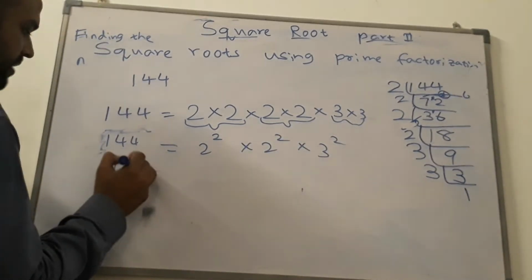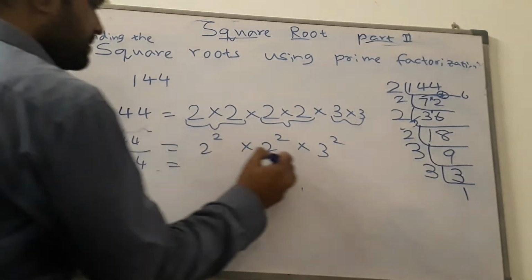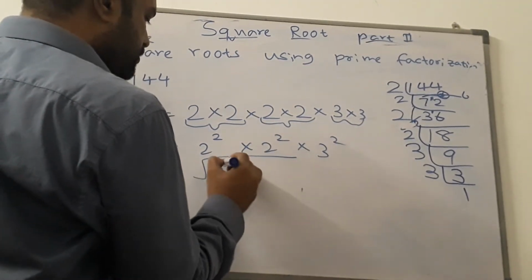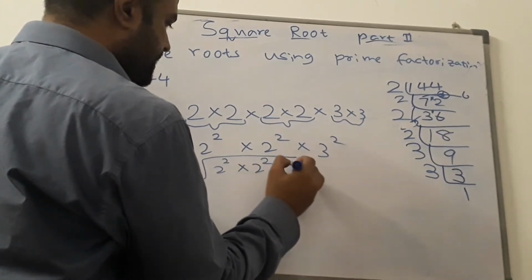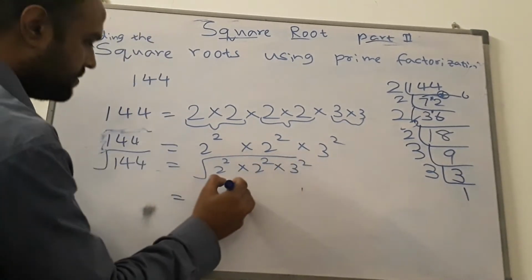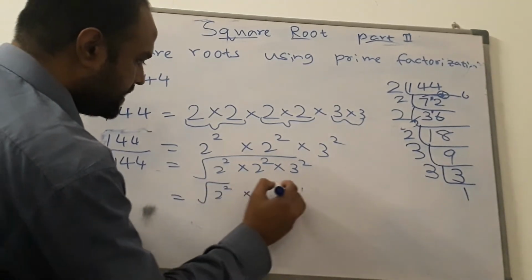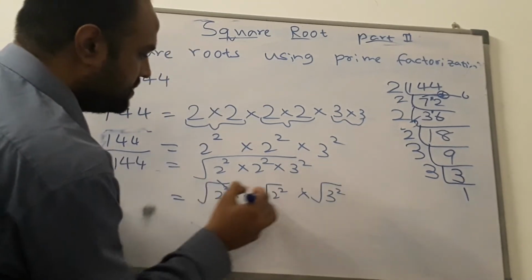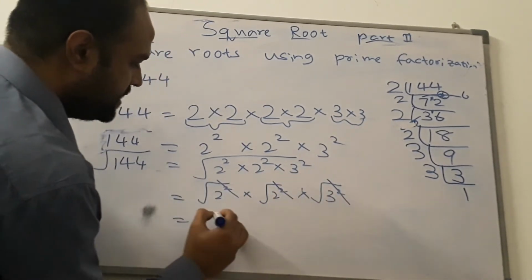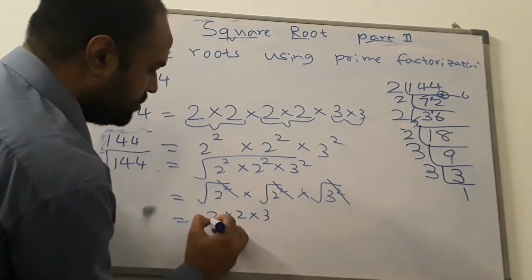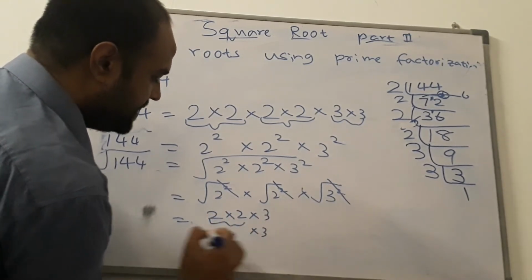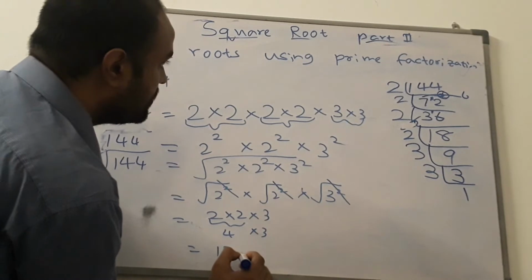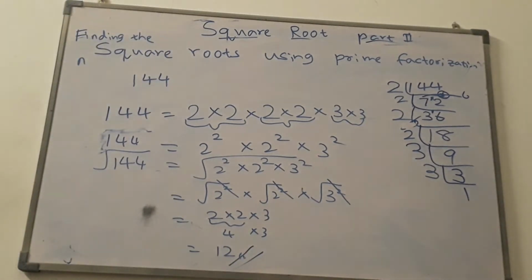So square root of 144 means square root of 2 squared times 2 squared times 3 squared. We can break it. So it is 2 times 2 times 3. 2 times 2 is 4, 4 times 3 is 12. 12 is the answer. This is how we can find bigger numbers with prime factorization.